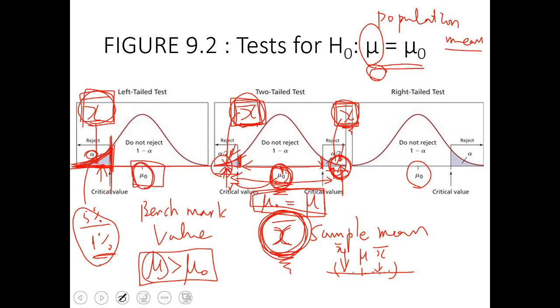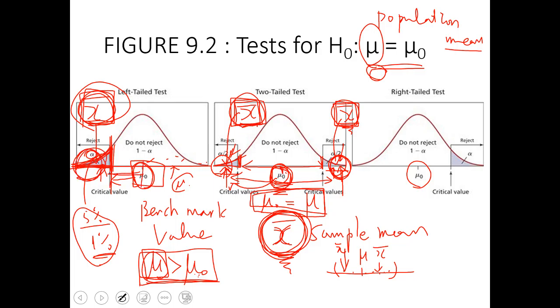Okay? Mu is the population mean, and x bar is representative of mu. So we would like to say that mu is greater than mu 0, that mu is somewhere in here. But our sample mean is less than mu 0, and the distance is too far.